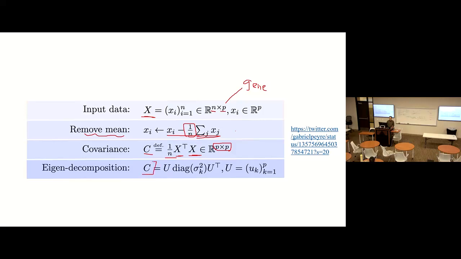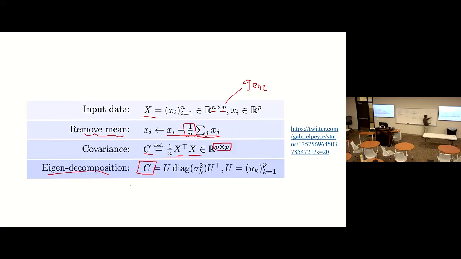Then for U, you do eigen decomposition. So eigen decomposition is here. You change the covariance matrix, it becomes U lambda U transpose.